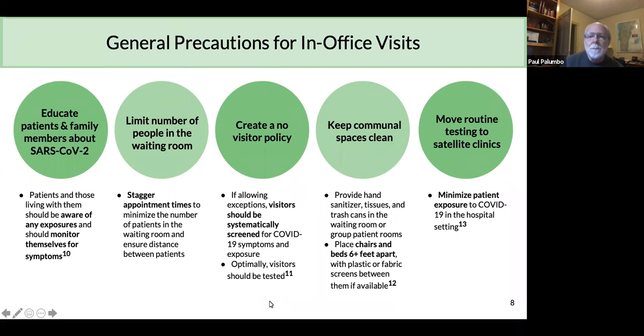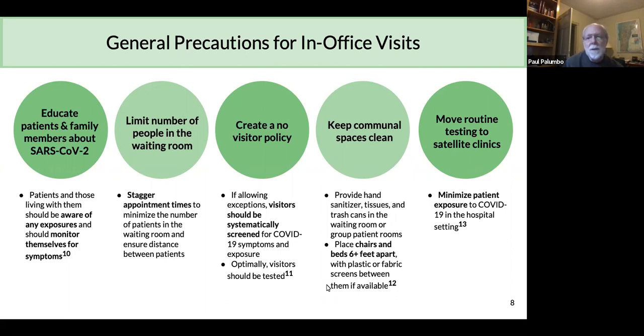So hand sanitizer, tissues, trash cans, etc. In the earlier days of the pandemic here in the United States, hand sanitizer had vanished. You could not find or purchase it. It's become better, and we now have supplies.